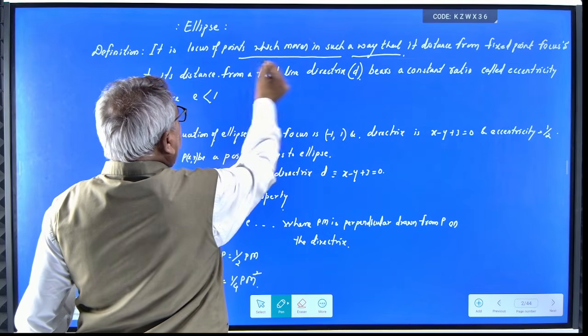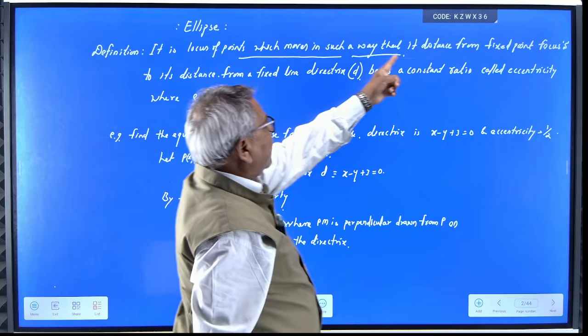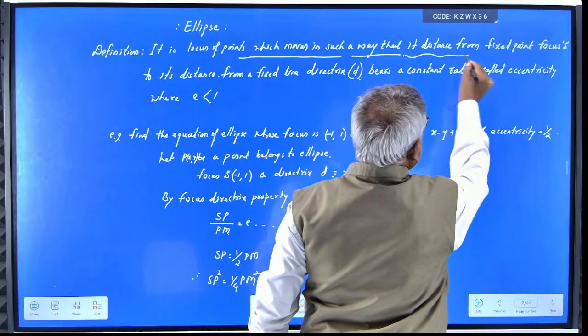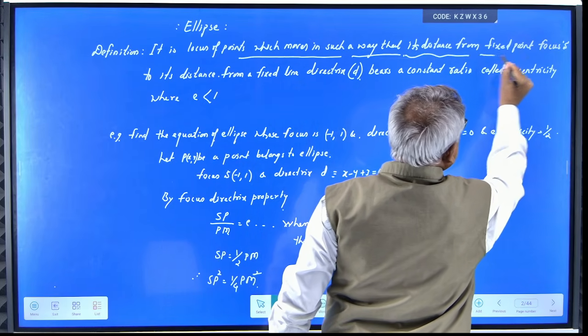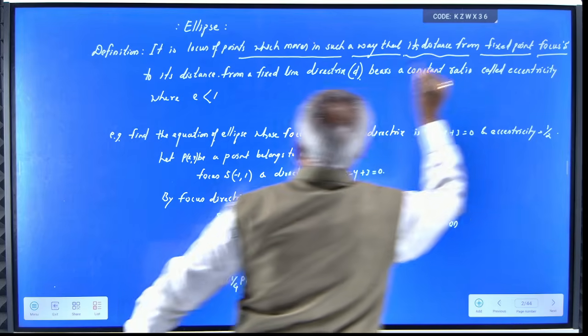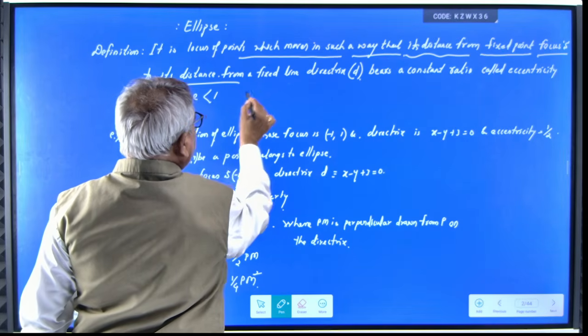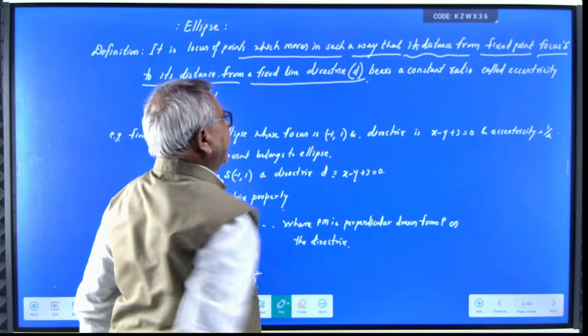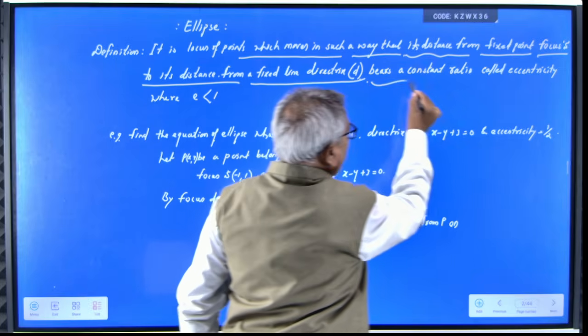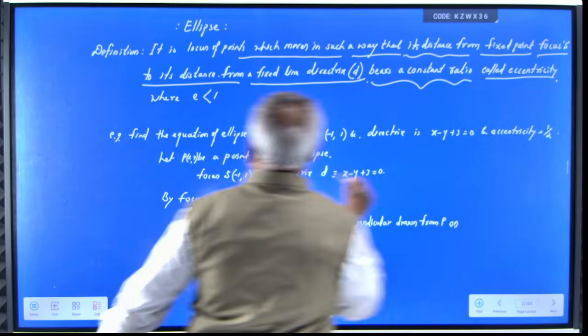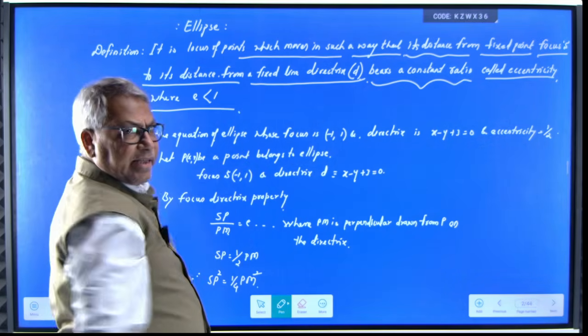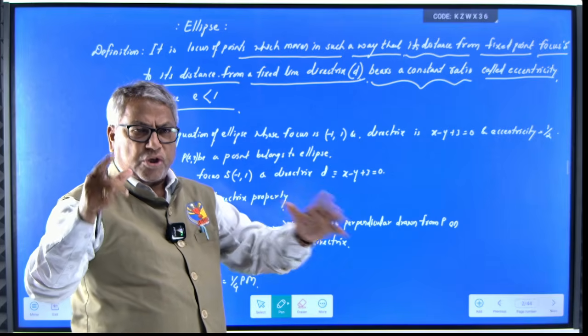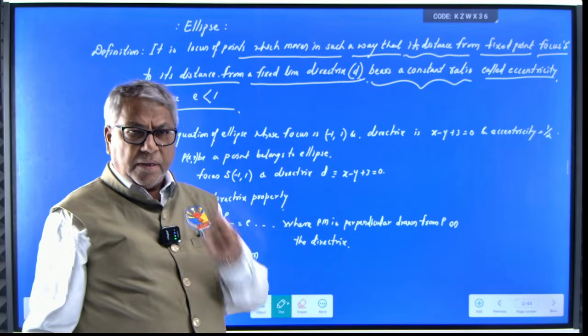So it is a locus of points which moves in such a way that its distance from a fixed point focus S to its distance from a fixed line directrix D bears a constant ratio called eccentricity, where E is less than 1. Correct? That collection of points is called an ellipse.